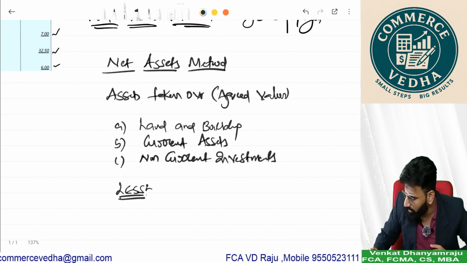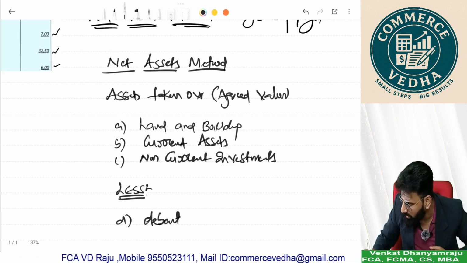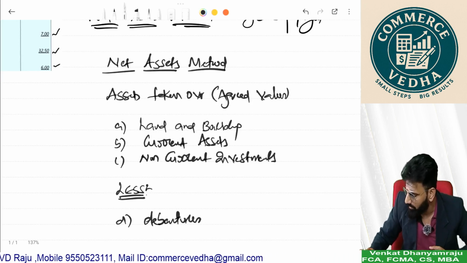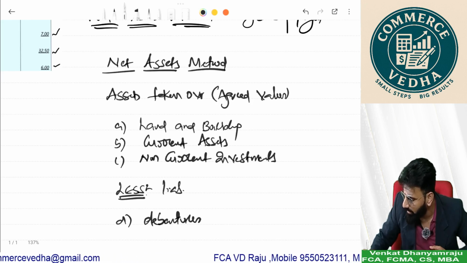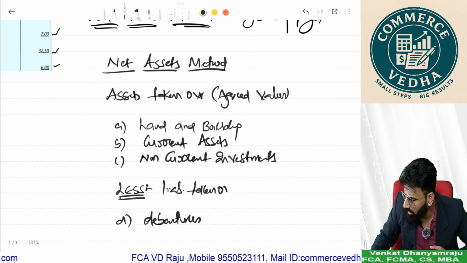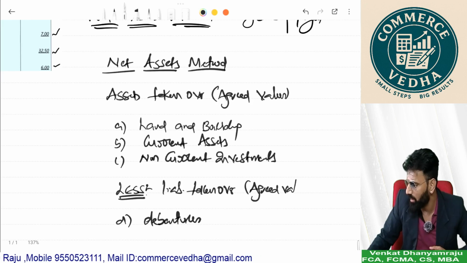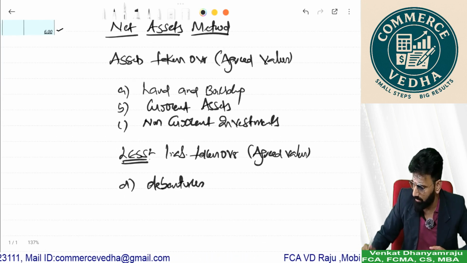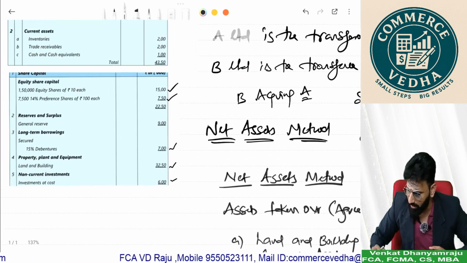So here next, deduct debentures. Again, less liabilities taken over at agreed values: debentures and, what else is there?